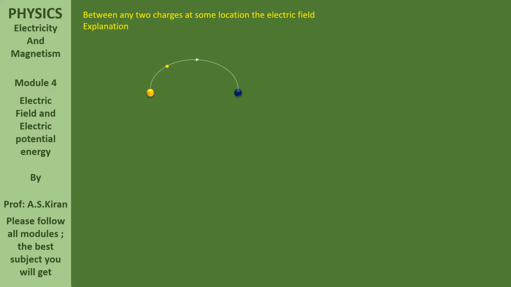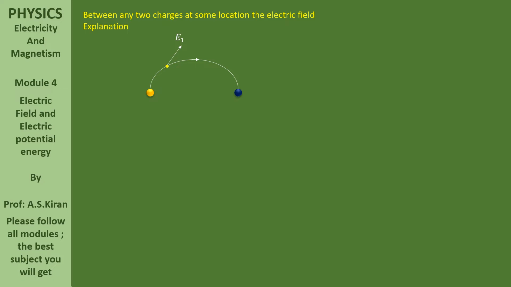At the location given, with respect to the positive charge, yes, there is an electric field. Already we learned in the previous module. Let us suppose that as E1. Here, the electric field is away from the positive charge, isn't it?